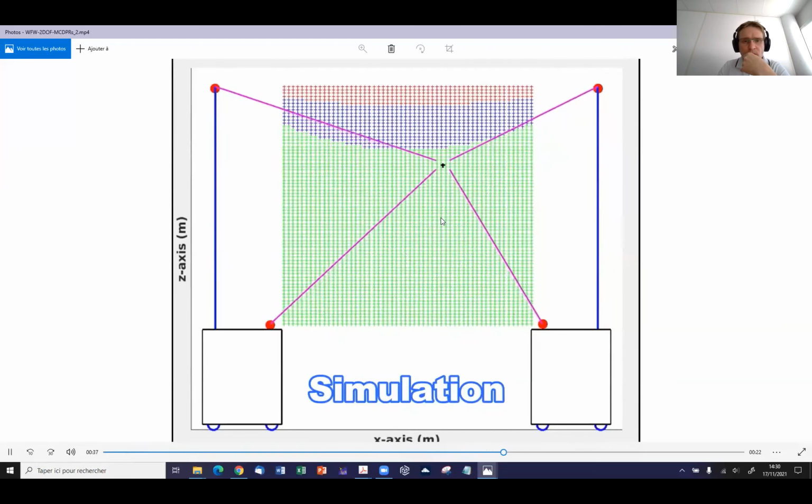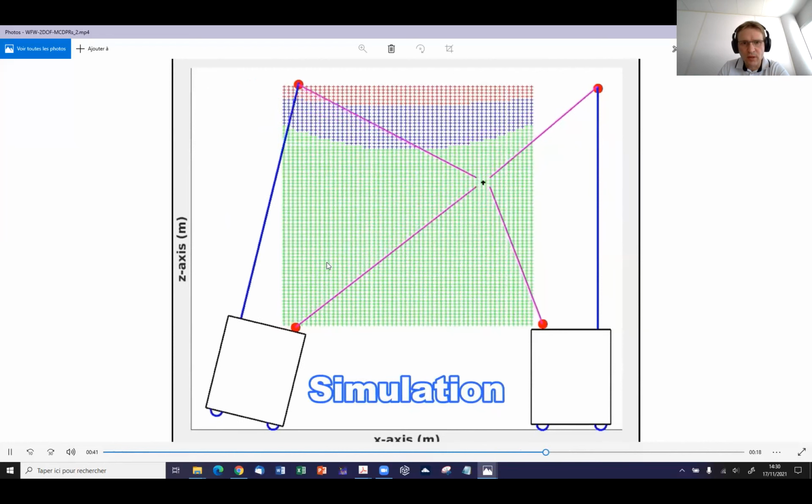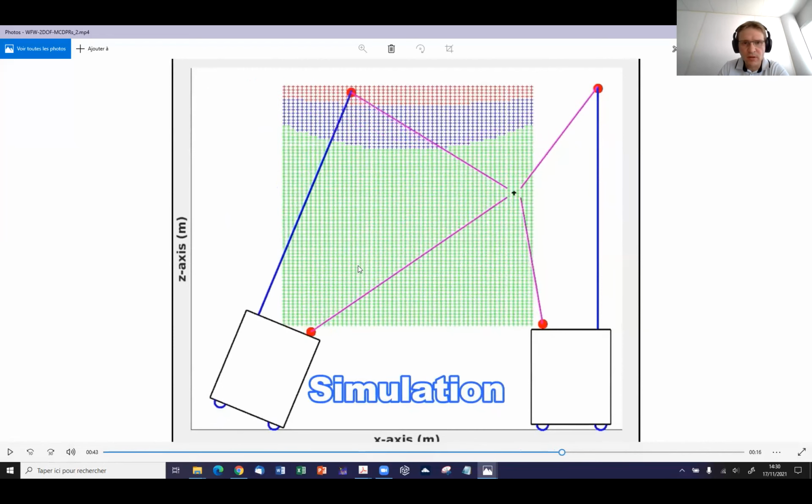So here, for example, in this plot, the green area corresponds to the workspace of the manipulator while considering only the cable tension limits.